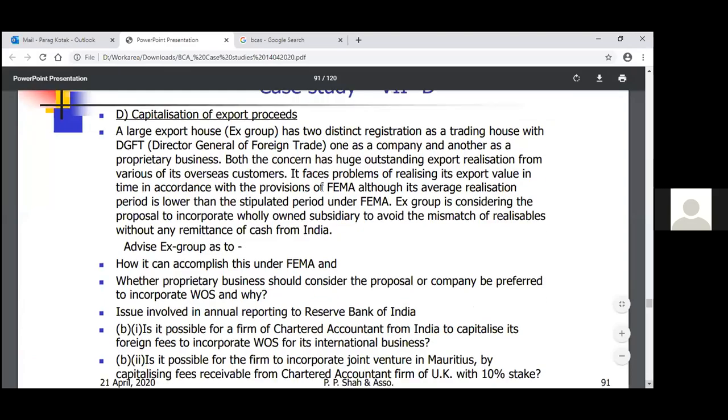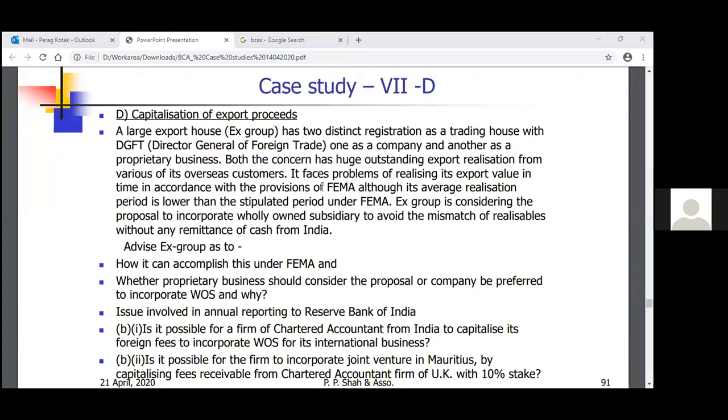Is it visible? Yes. Can you see the page? Yes, okay.